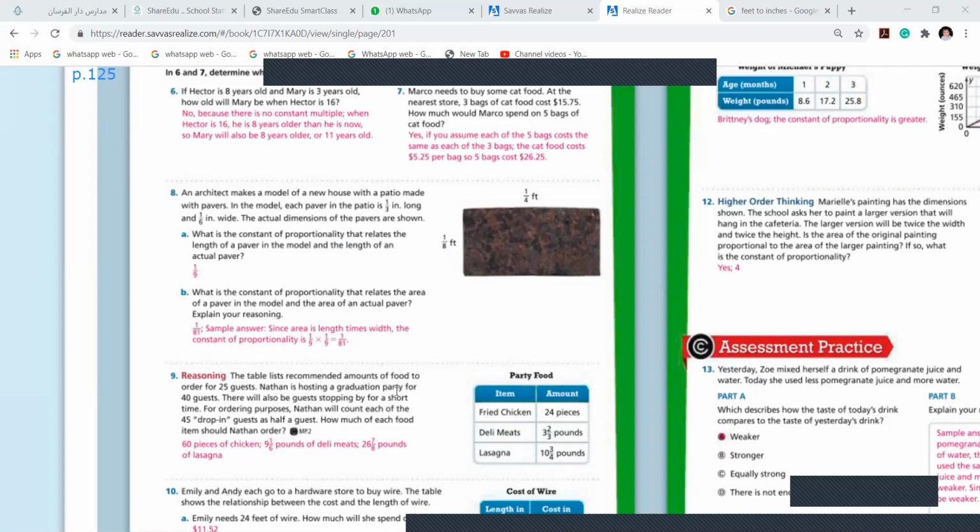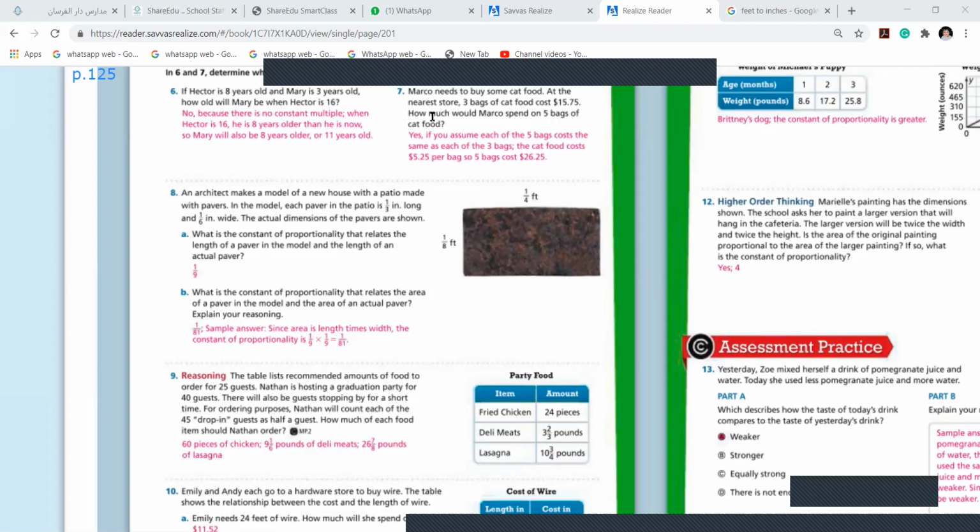Okay. First, tell me something about pavers. Do you know the meaning of pavers? Do you have any idea about pavers? No. Okay. A paver is a person who fits paving stones.